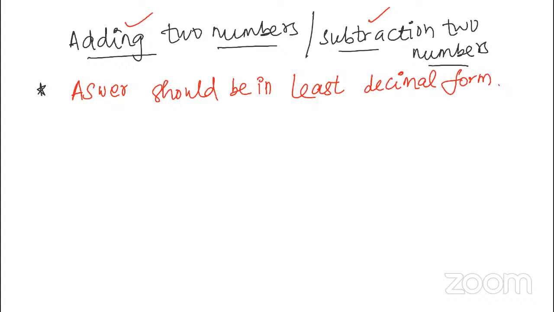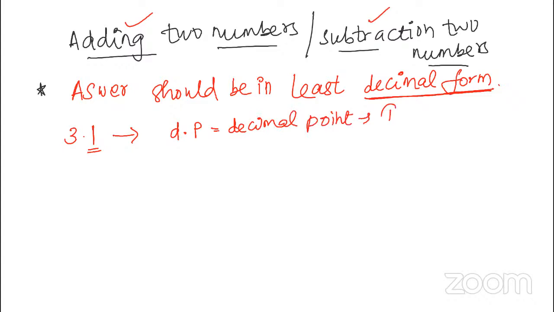Now, first we want to be clear about the decimal form. Here I write one number, that is 3.1. Here there is only one digit after the decimal point, so the decimal places is 1. Now write one more number, that is 1.780.